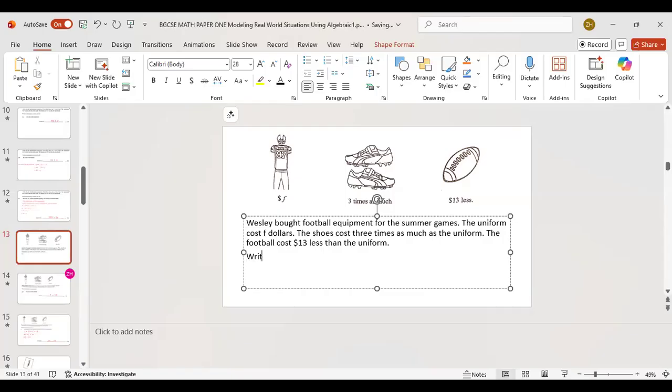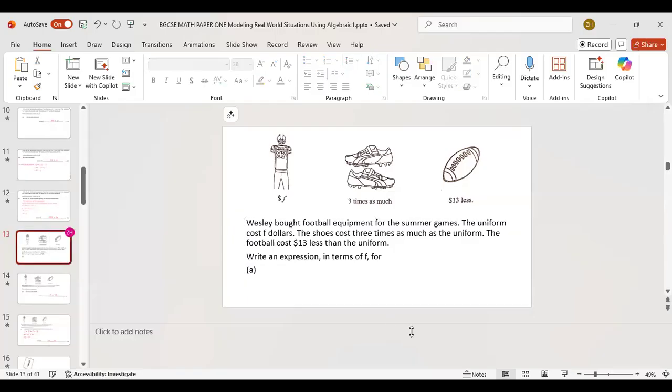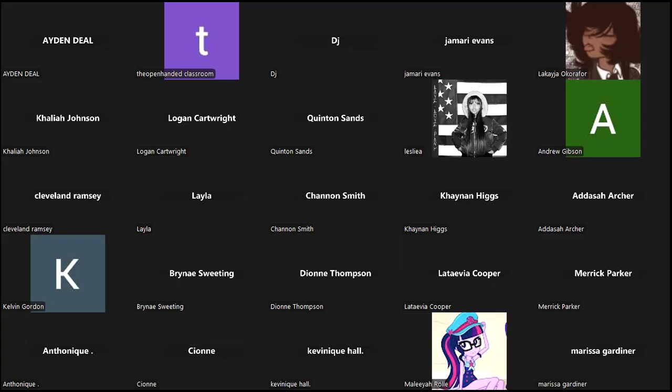Write an expression in terms of X. Sorry, in terms of F for A. Let me put this on this slide.